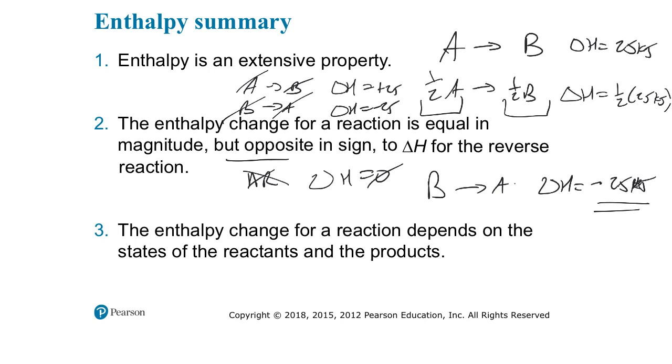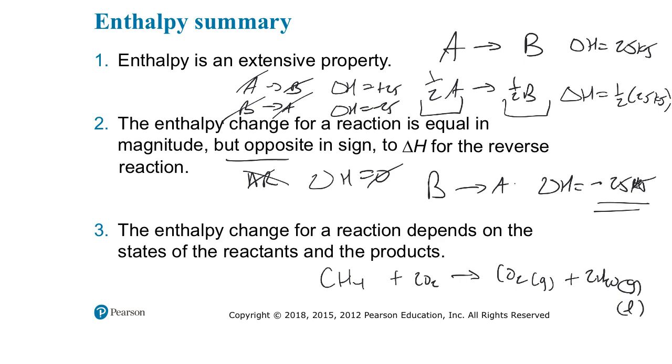Now, the enthalpy change for a reaction depends on the states of the reactants and products. Sometimes we might say the enthalpy of combustion of a substance. Well, if you're talking about the enthalpy of combustion of, say, CH4, you often have to be told what the physical state is, in particular for water. So we're forming 2 moles of water, and it can be formed in the gaseous state or sometimes the liquid state.